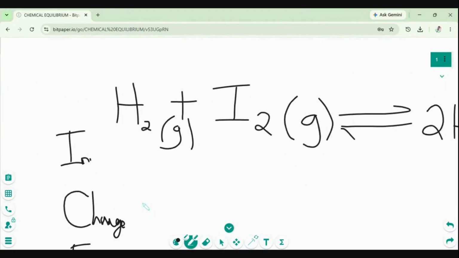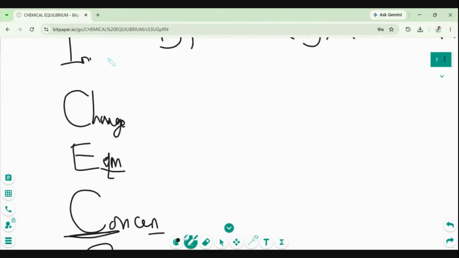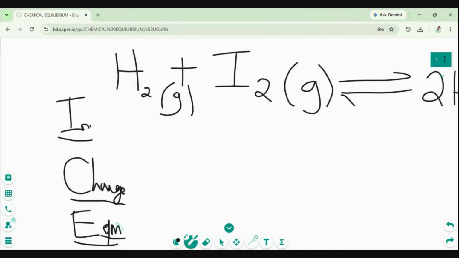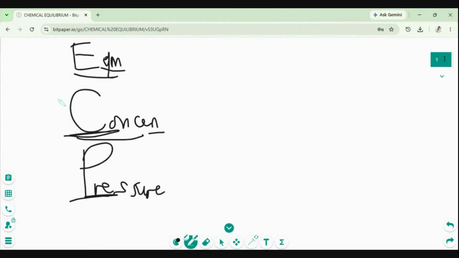When drawing your ice table, first you need to know your initial moles. What moles changed? They could be formed or they could have gone away during the reaction. What are the moles at equilibrium? And finally, what is the concentration or the pressure? Whether you get concentration or pressure depends on what the question is interested in.